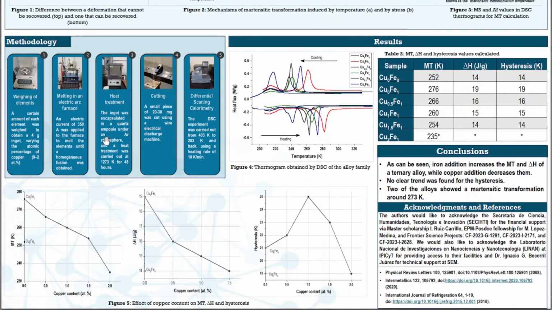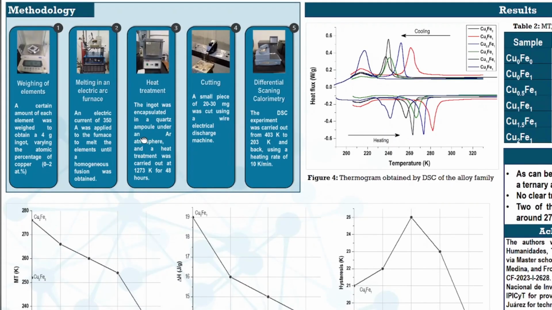So for methodology, we first weighed each element, changing the amount of copper to replace some nickel, otherwise keeping the total mass at 4 grams. Then we melted the samples in an electrical furnace to make ingots. Later, they were encapsulated in quartz ampoules and heat treated at 1273 Kelvin for 48 hours.